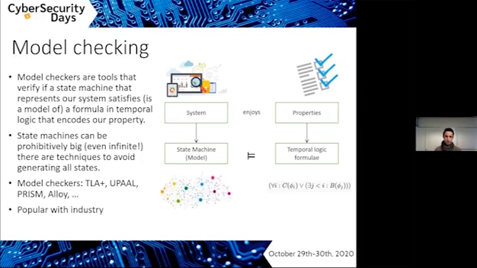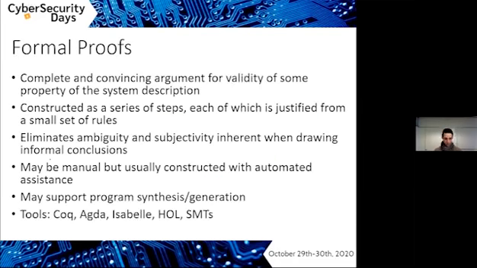And again, this is the kind of thing that was used at Amazon in the case study I mentioned at the beginning. And the other one is formal proofs and theorem provers. The idea here is to develop a complete and convincing argument for the validity of some property of our system. And here we have tools that help us in doing this.